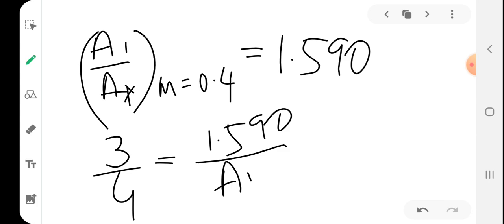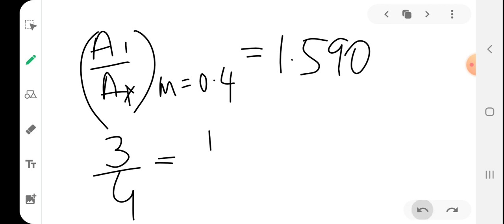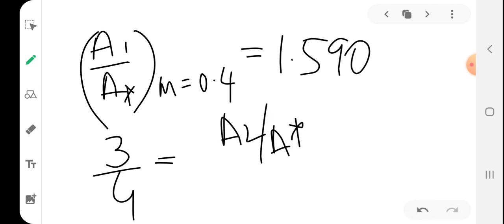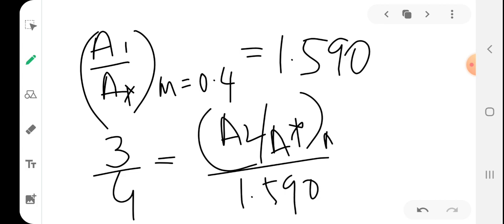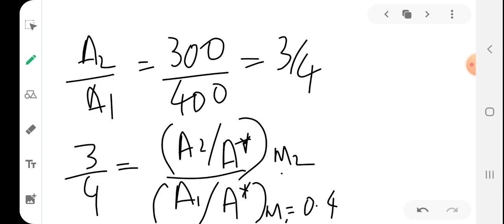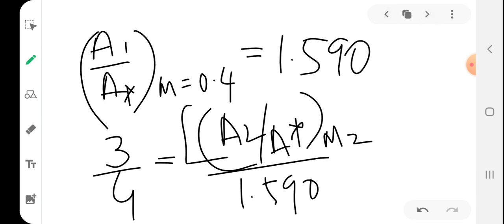So 3 by 4 equals (A2 by A star) by 1.590, where this is Mach number 2. This is unknown, so this value can be calculated with this equation.